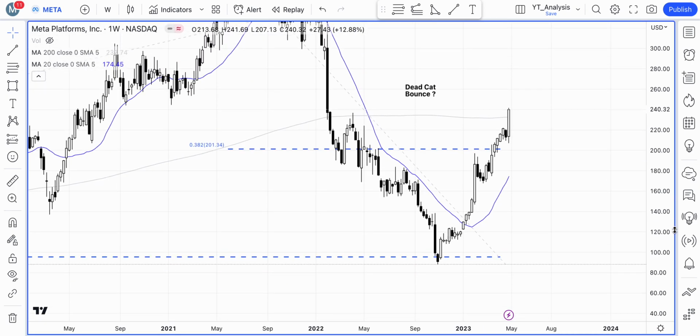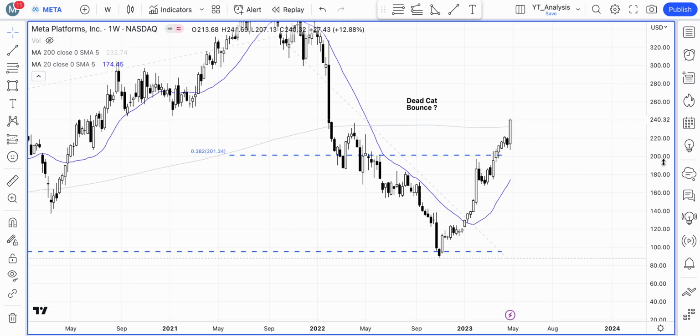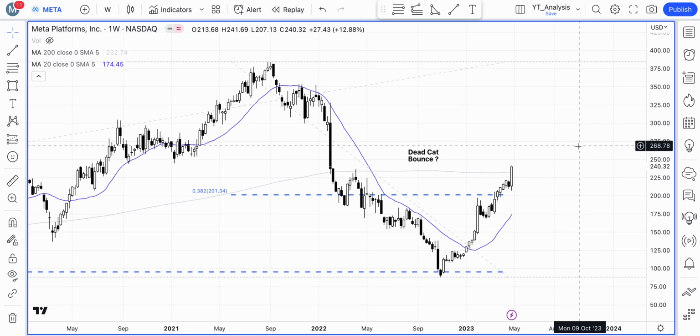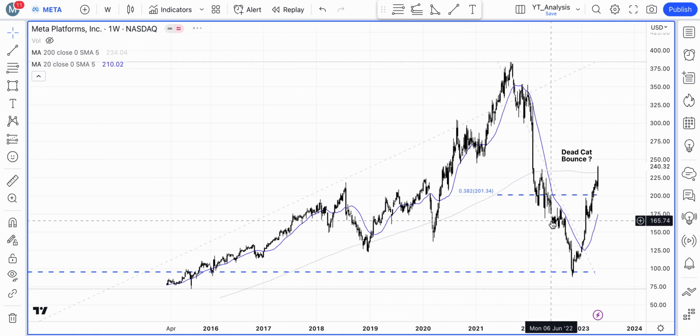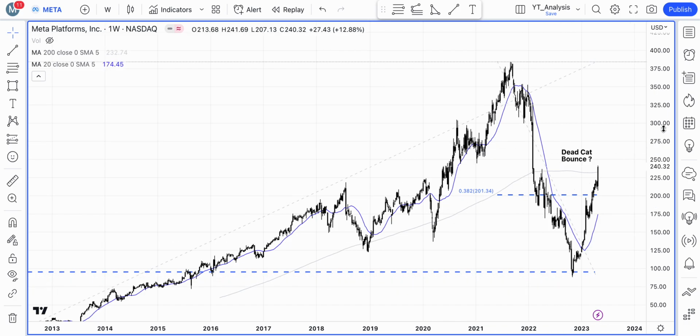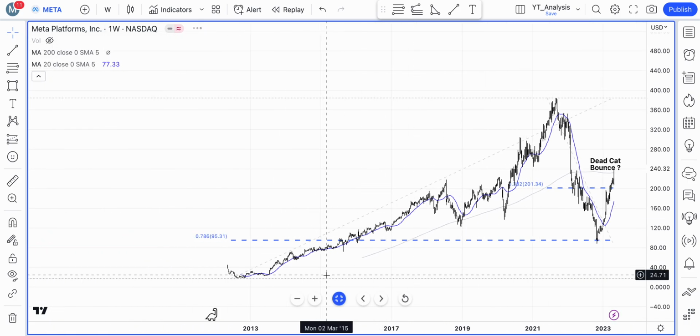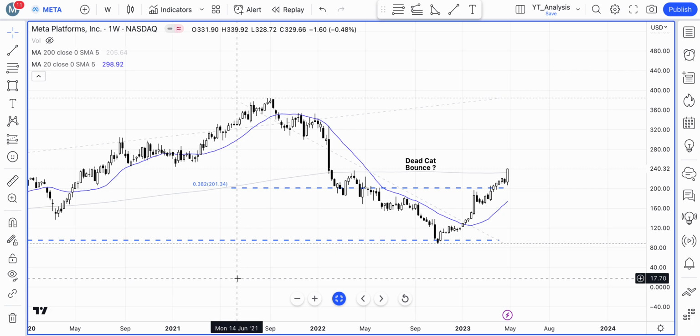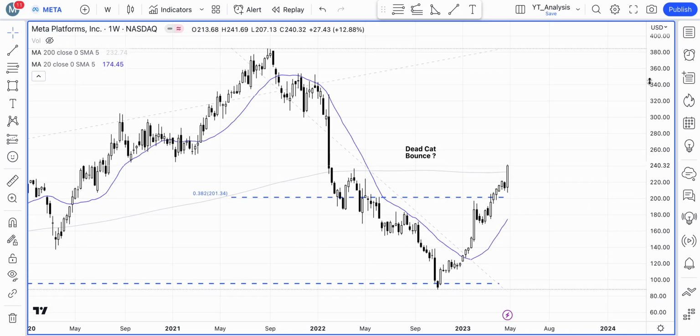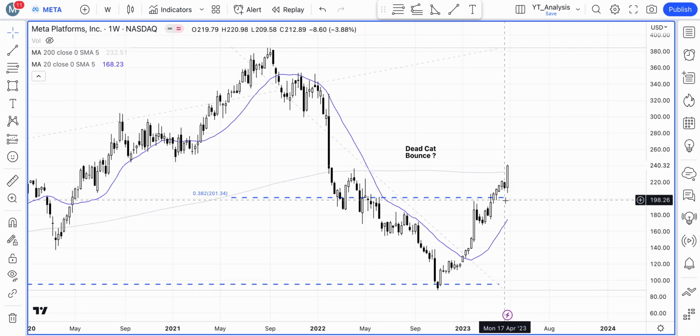So look, there we go. Here we go. So this is the 78.6% Fibonacci retracement, boom, from 2012. And here what the stock has done is closed above the 38.2% Fibonacci retracement.